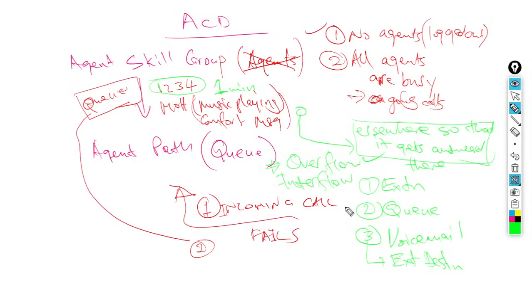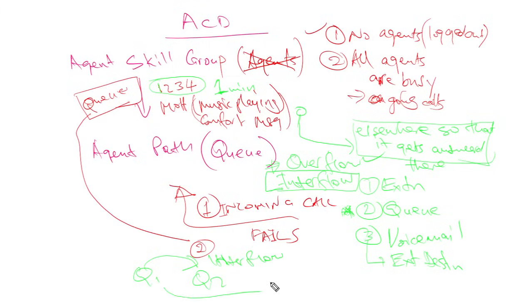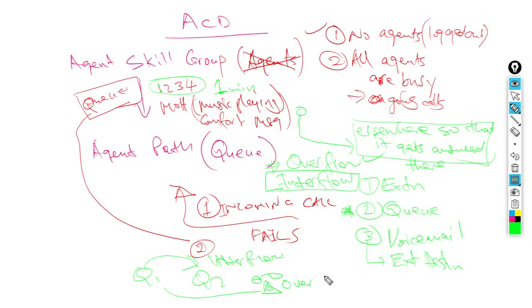But if it goes to another queue, for example, it's called an interflow. It has moved from Q1 to Q2. This is an interflow. But if you move from Q1 to an extension, this is an overflow.